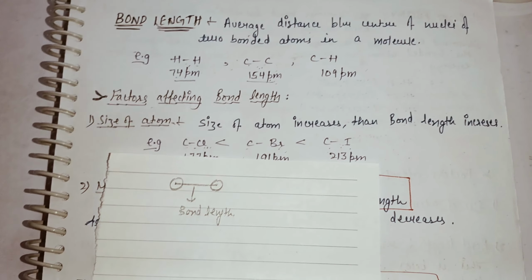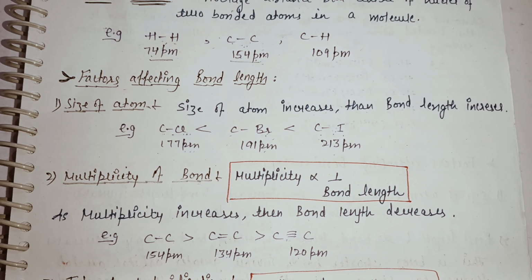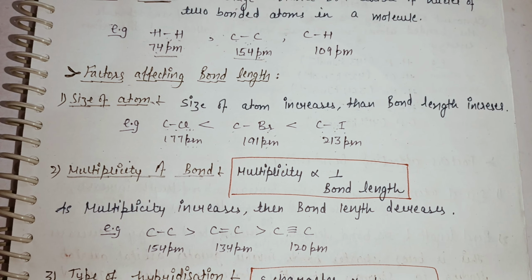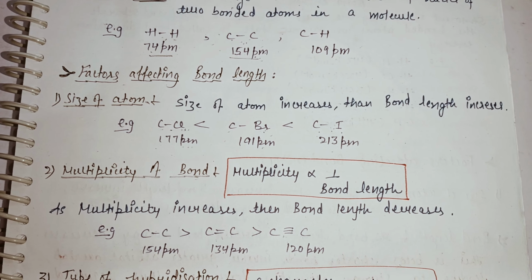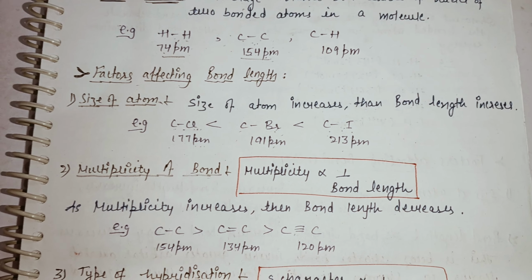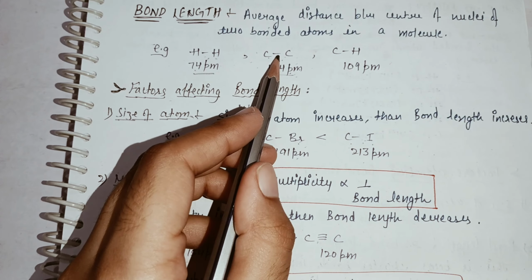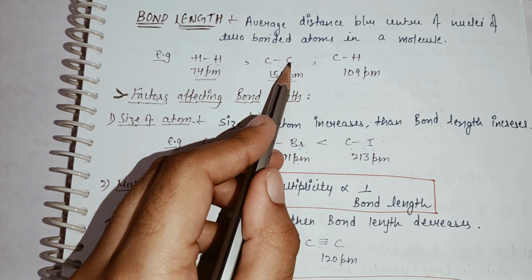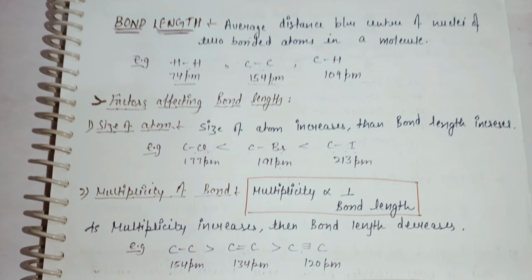Now we will study factors affecting bond length. First factor is size of atom. Size of atom varies directly with the bond length, as when the size of an atom increases, its bond length also increases. Like we have discussed already, here the carbon bond length is larger than hydrogen because carbon size is bigger than hydrogen.